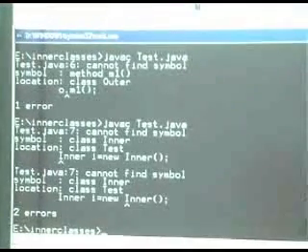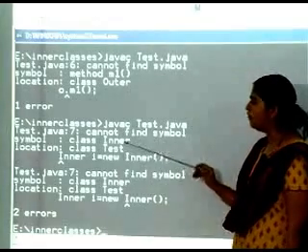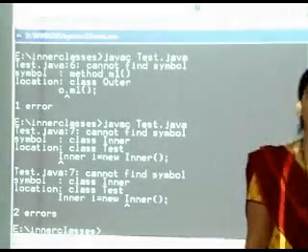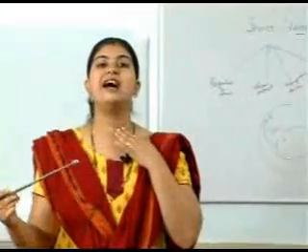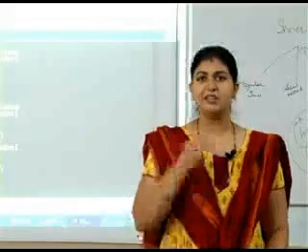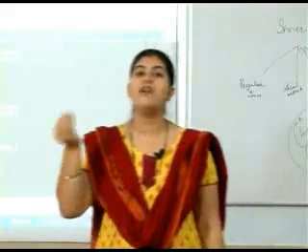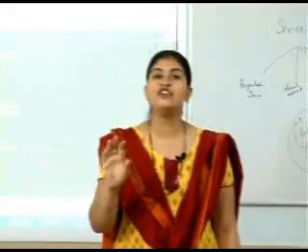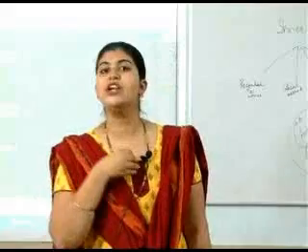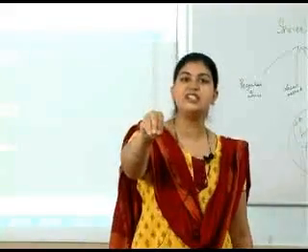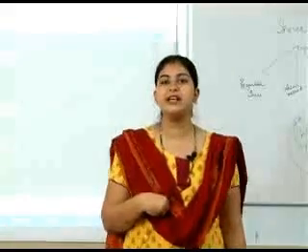It's saying, see boss, I am not able to find where Inner is. I don't know where you have defined Inner. Why is this so? Because again the same answer. The Inner class is not independent by itself. The Inner class is saying that, see boss, I am being treated as a member of the Outer class. If an Outer class object is not created, you cannot create my object at all. I am dependent on the existence of Outer, only then I will be created.